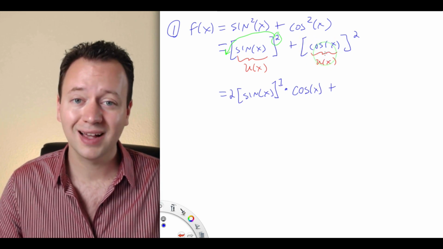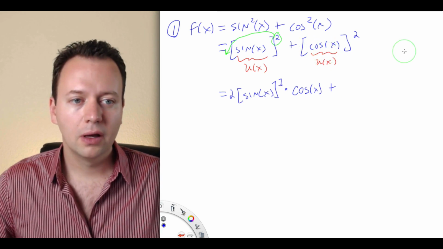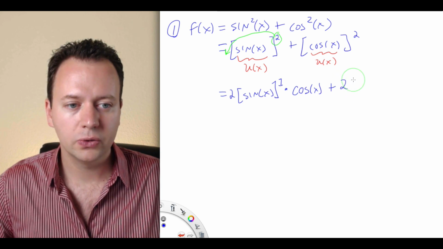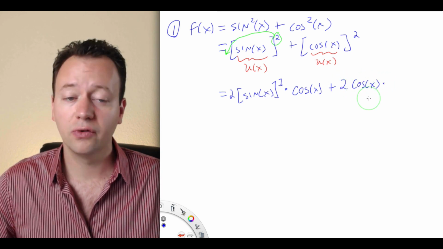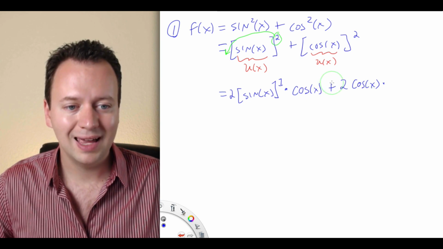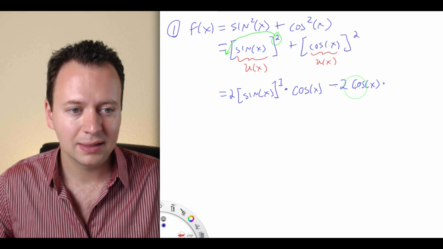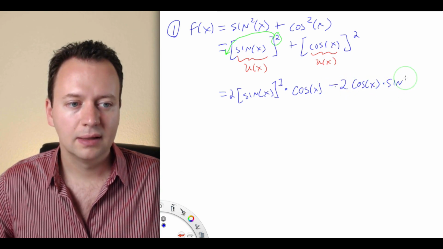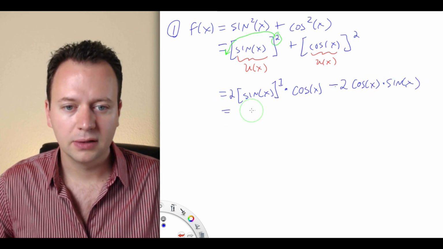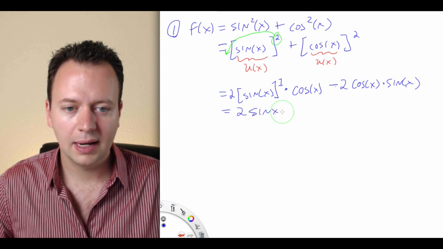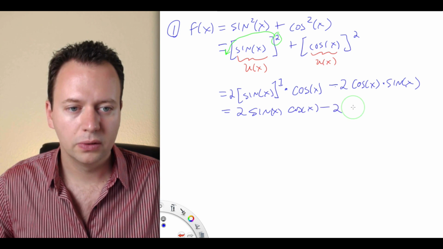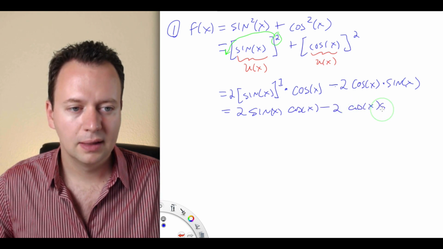So cosine of x quantity squared, the 2 comes down, so we get 2 times cosine of x to the first times the derivative of cosine, which is negative sine. And I'm going to promote the minus sign to the front, so it's minus 2 cosine x sine of x. Hence 2 sine x cosine x minus 2 cosine of x sine of x.